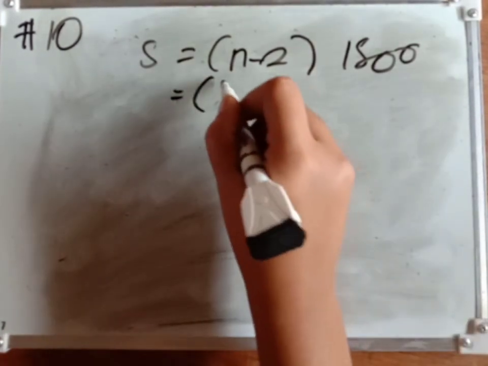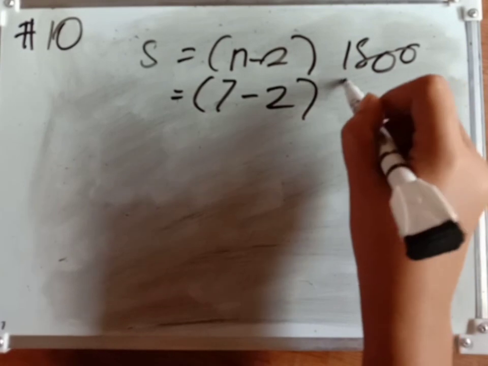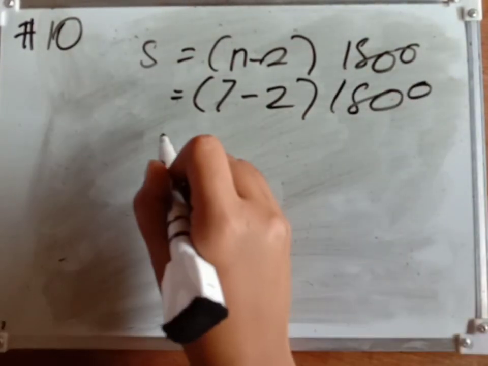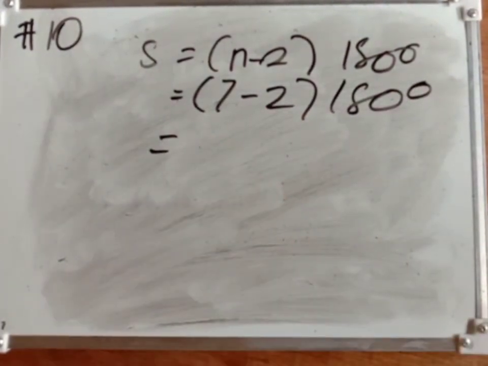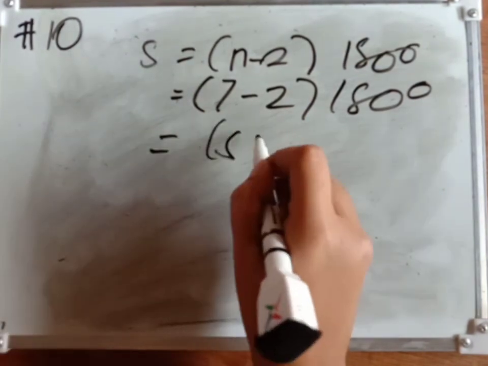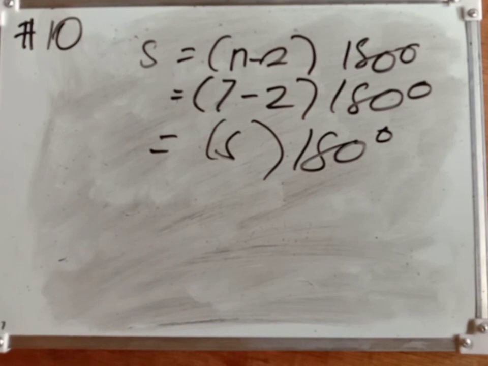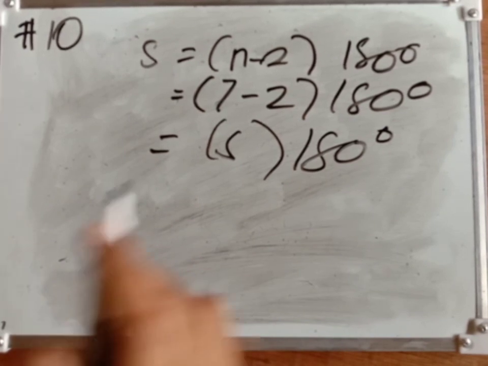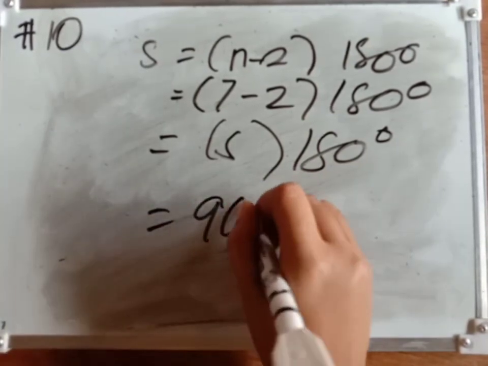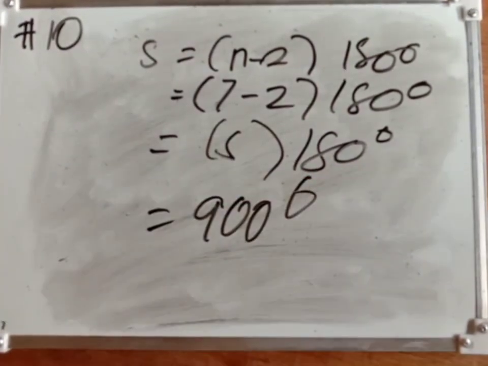So, our n here is 7 minus 2. 7 minus 2 is equal to 5. 180 degrees multiplied by 5 is equal to 900 degrees. So therefore, the sum of the interior angles of a heptagon is 900 degrees.